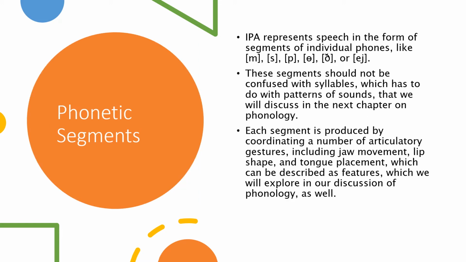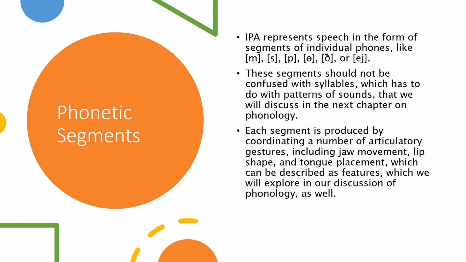Phonetic segments are what we're interested in because we're interested in representing each individual phone. And we think about phones as each segment of sound, okay? Like s, p, th. These segments should not be confused with syllables, which has to do with patterns of sounds that we'll discuss in the next chapter on phonology.